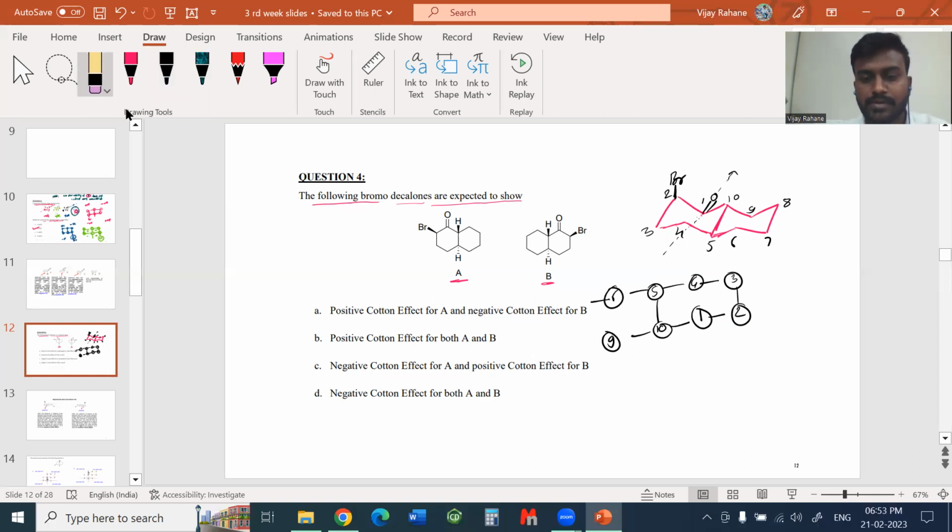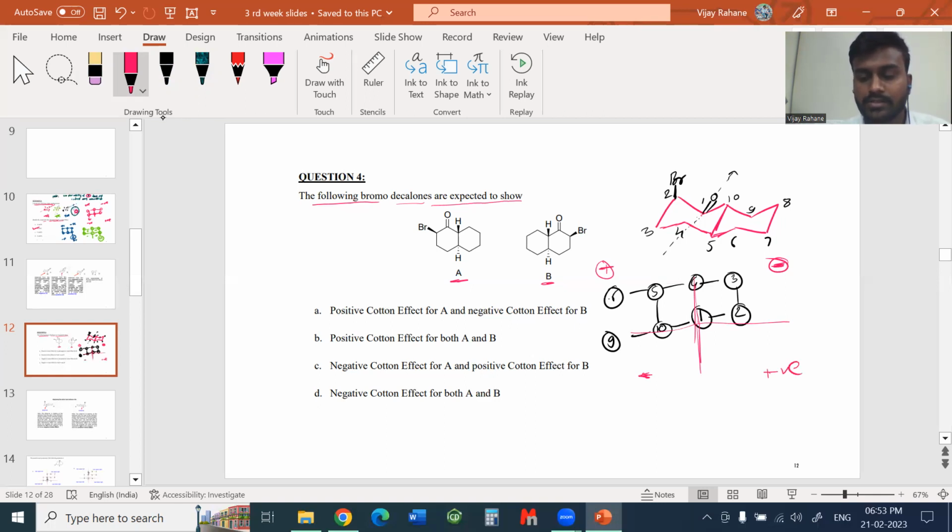So we can exclude the remaining carbons, right? What we can see here: this one is negative, this one is positive, this one is negative, this one is positive, right?